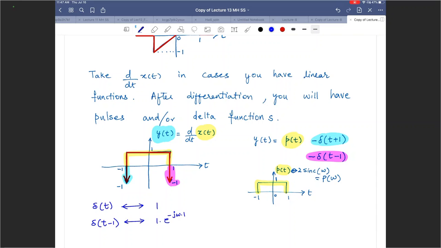Delta of t plus 1. What is the Fourier transform of that? 1 times e to the plus j omega. Now, I actually need minus, right? So I will draw minus there. That means minus here. Minus there. So that means minus here.